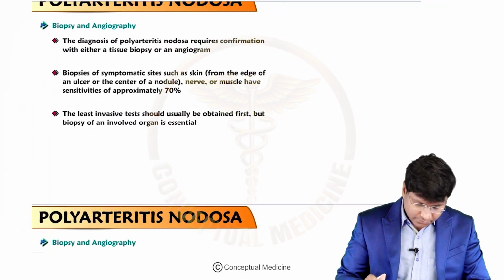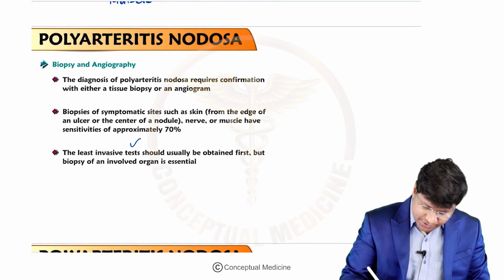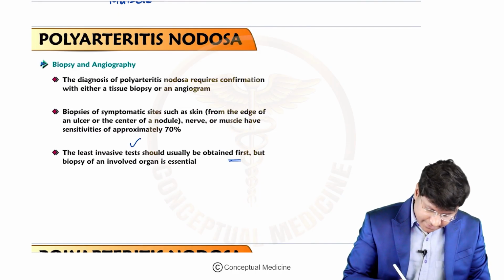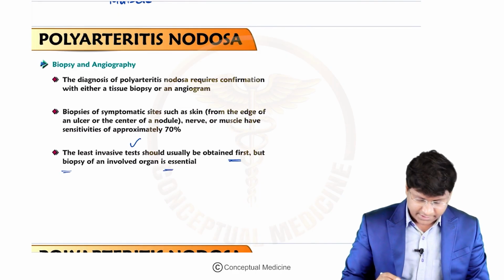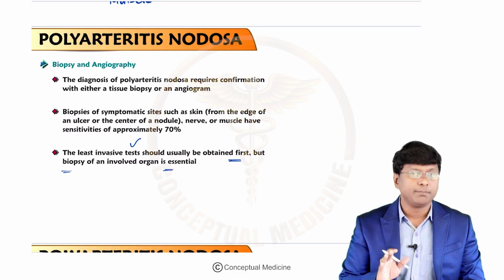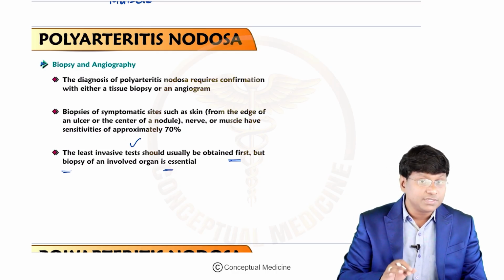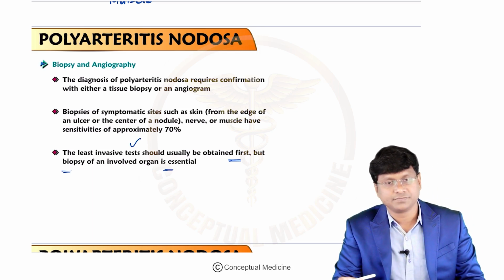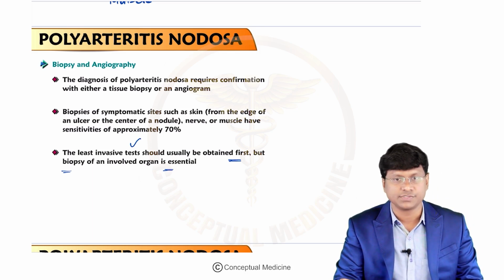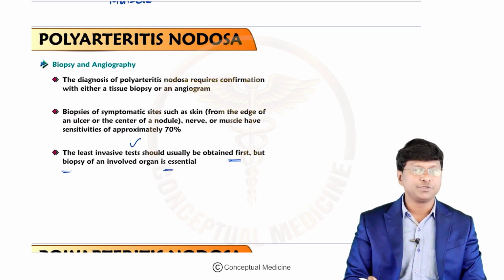The least invasive test should usually be obtained first, but biopsy of an involved organ is very much essential. So biopsy as well as the angiography will give you the confirmation of the diagnosis. So this is about your diagnosis.